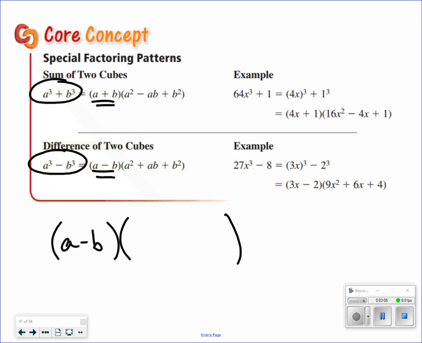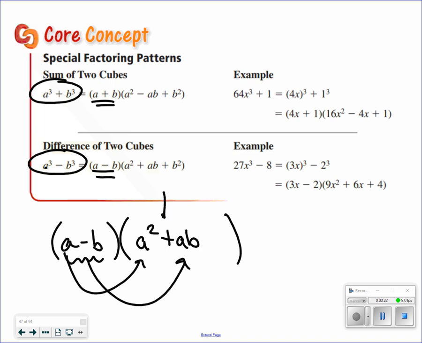Next, you're going to take the first term in the parenthesis and square that. Then you're going to take the two of these, multiply them together, but change the sign. So this is the opposite sign.